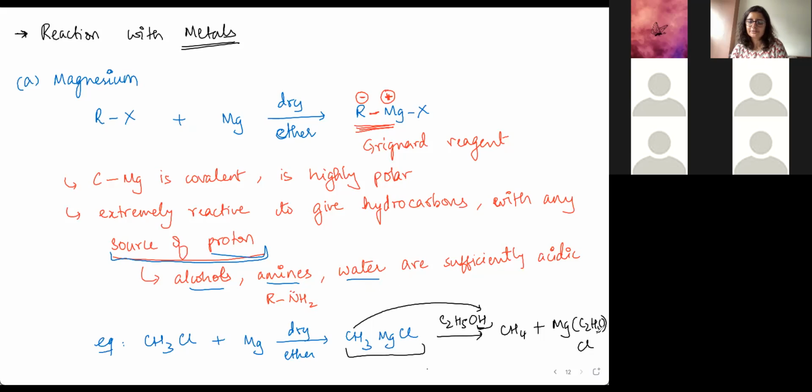What will you end up with here? If the Grignard reagent pulls H plus, what other ion will remain here? C2H5O. That's what attaches itself here. That's what I'm saying, don't blindly copy. Try to follow what is happening in the reaction, what is going where.